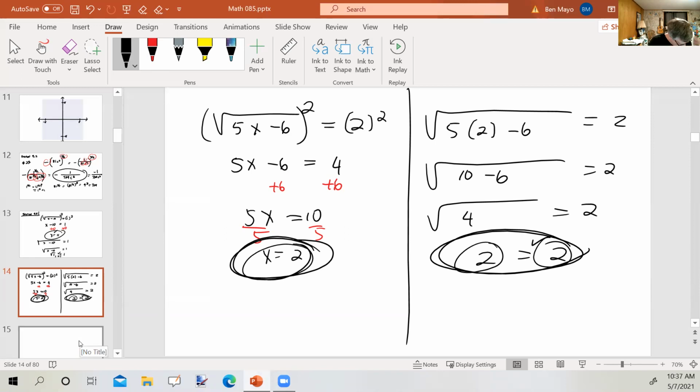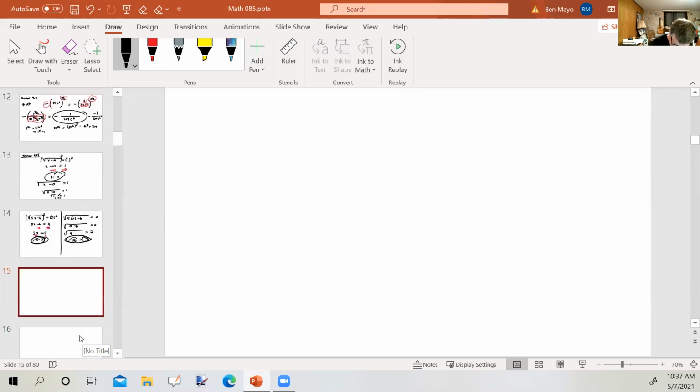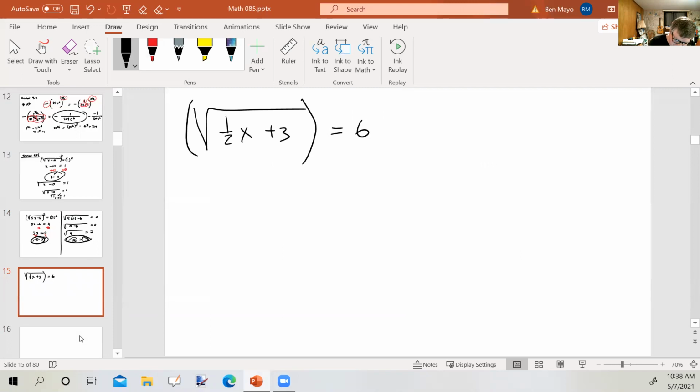All right, let's take a look at another one. Got the square root of 1/2 x plus 3 equals 6. Again, the radical term is isolated, so we'll square both sides of the equation. On the left side, we get 1/2 x plus 3. On the right side, we get 6 squared, which is 36.